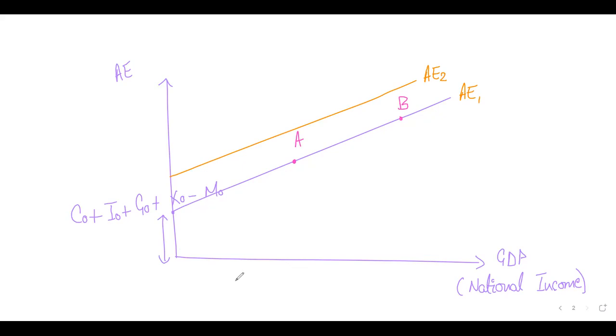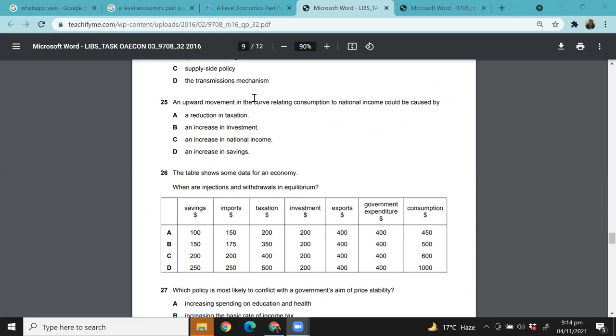It's not saying a shift. It says a movement along the curve, so moving from point A to point B. Now tell me what the answer should be. Change in injection. When is there a movement along the curve?